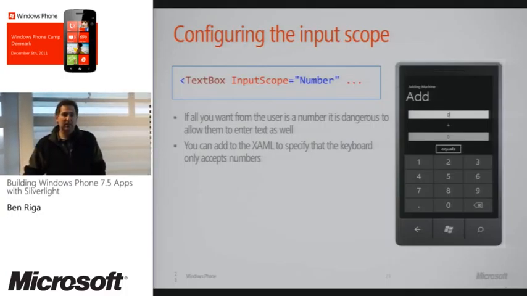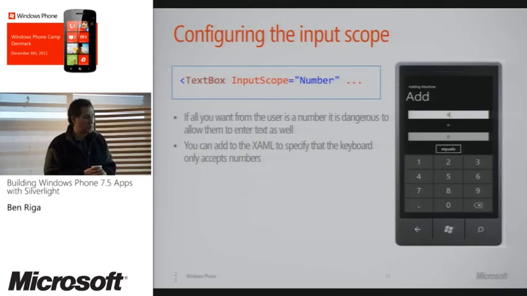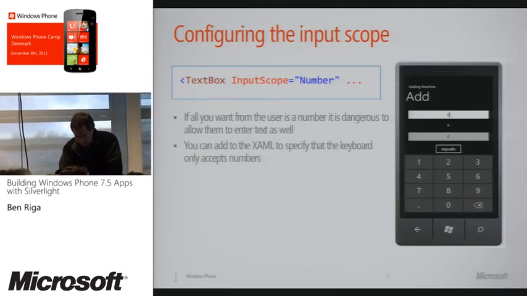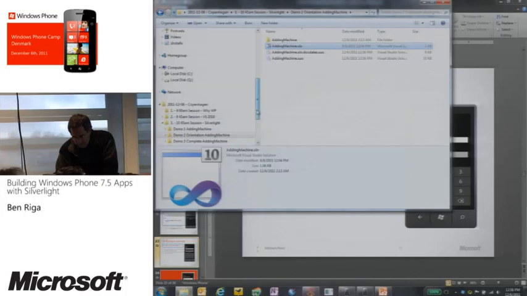Is there a number input scope where we also have an operator so you can put negative numbers? So you kind of can. I think you can. The question was, is there an input scope where you can have negative numbers?